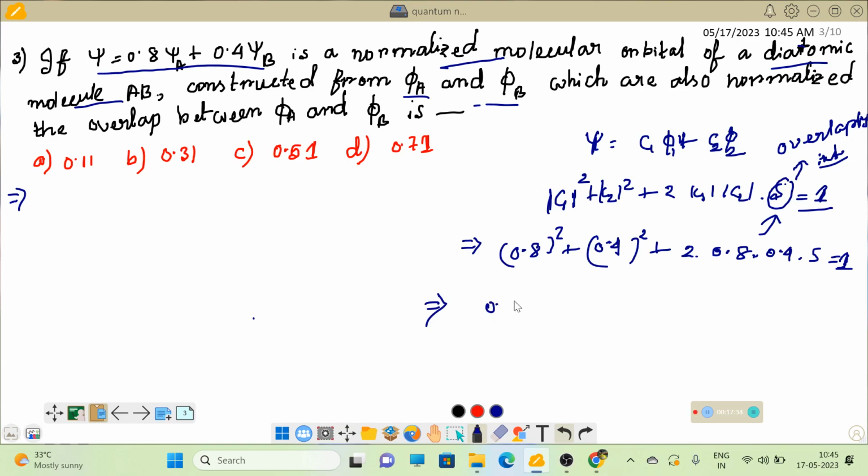So that is 0.64 plus 0.16 plus 0.64 S, sorry, equal to 1. So 0.64 S is equal to 1 minus 0.8, that is 0.2.